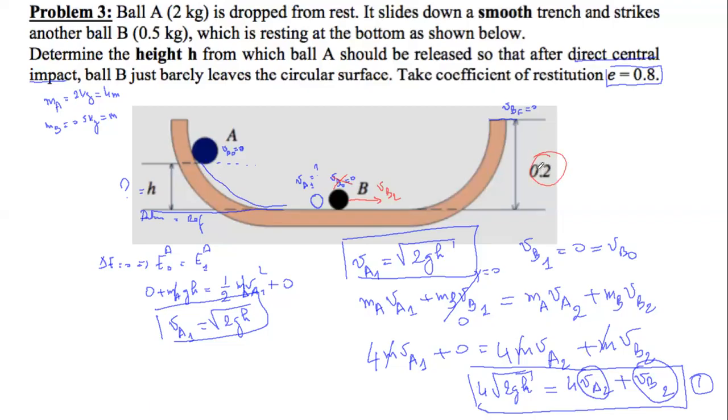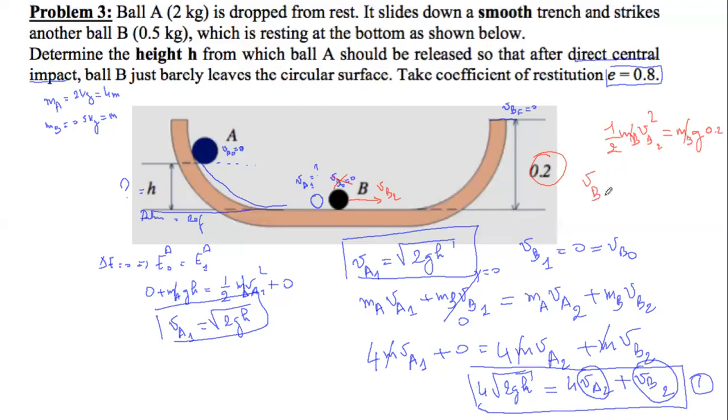So we can also use conservation of mechanical energy. At the beginning, I have half MBVB2 squared and 0 gravitational potential energy. And I transform everything into height, which is MBgH, but this H is 0.2 here. I simplify by MB.